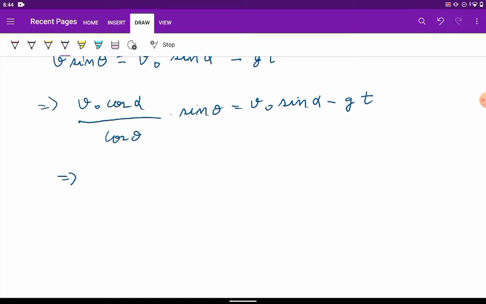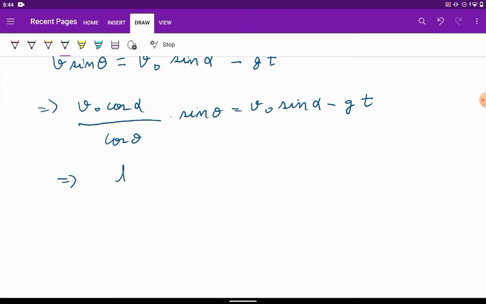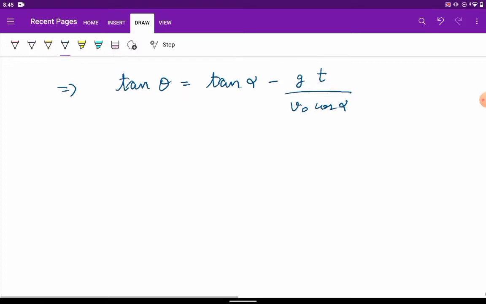So we are getting tan theta equal to tan alpha minus gt by v naught cos alpha. Right? This is what we are getting.